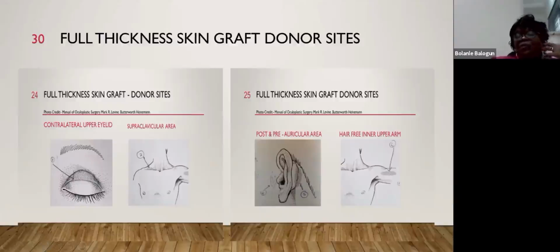So when you're taking your graft and you suture, your patient is happy with the surgery because you have not added another aesthetic defect to the patient. You can also take a graft from the pre-auricular area, labeled number 4 here.